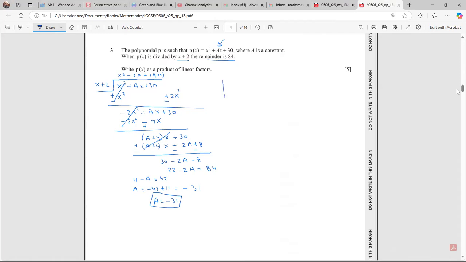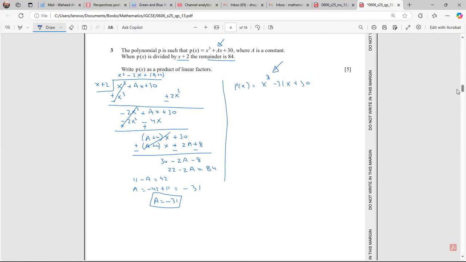Okay, now I know that my polynomial p of x is equal to x power 3, and a is minus 31, x plus 30. Okay, and now I want to express this polynomial in factored form. Okay, so since it is a cubic expression, there's no closed form solution. Okay, but finding the first solution is difficult.